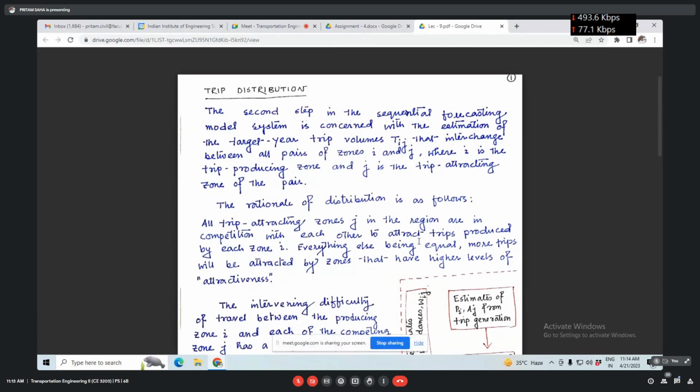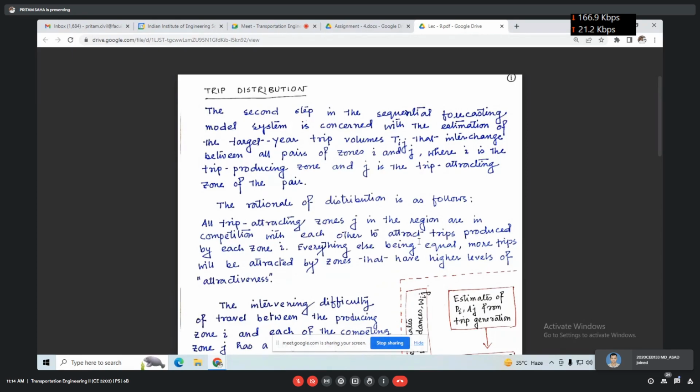Similarly, internal trips are very critical and very difficult to capture because here we have to rely only on secondary household data. We take responses from different households, and based on their responses, we develop trip production and attraction models.